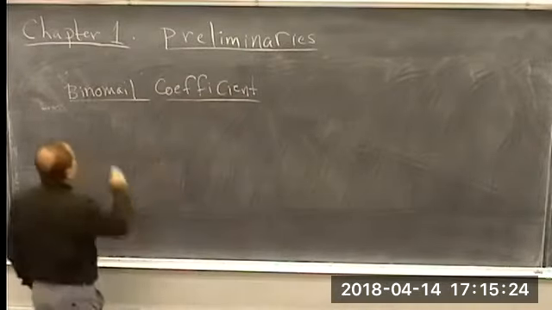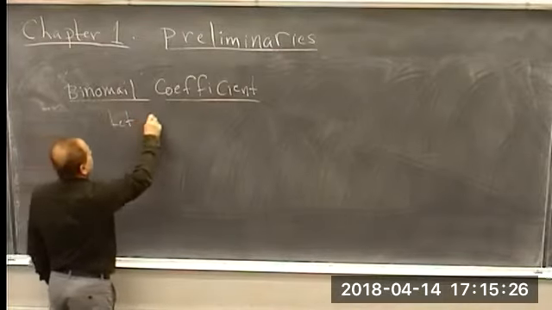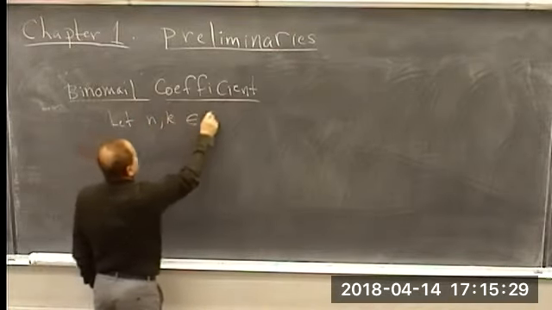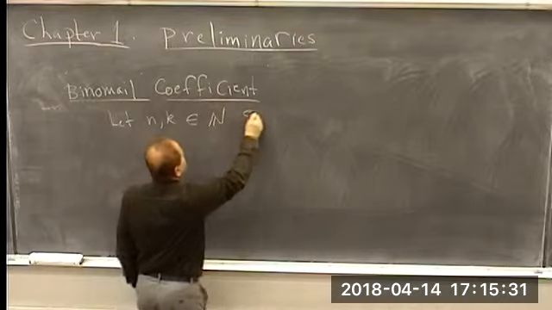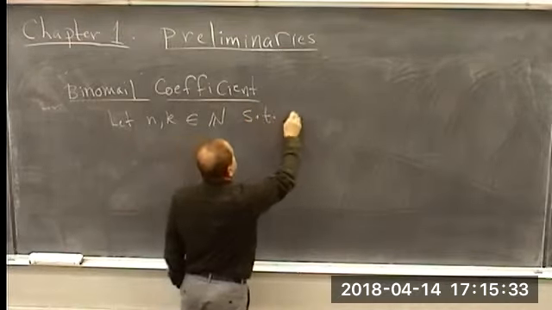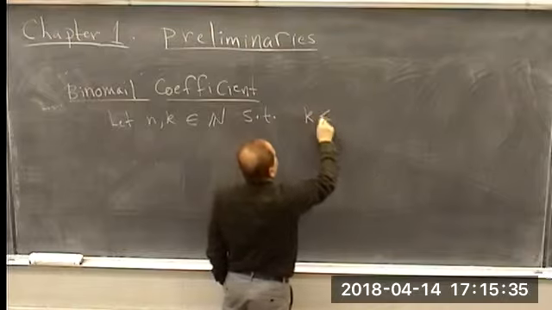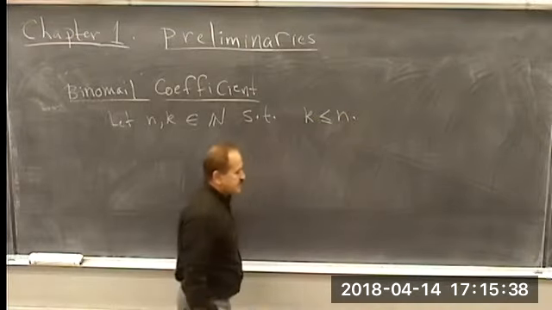So let n, k be natural numbers such that k is smaller than or equal to n.